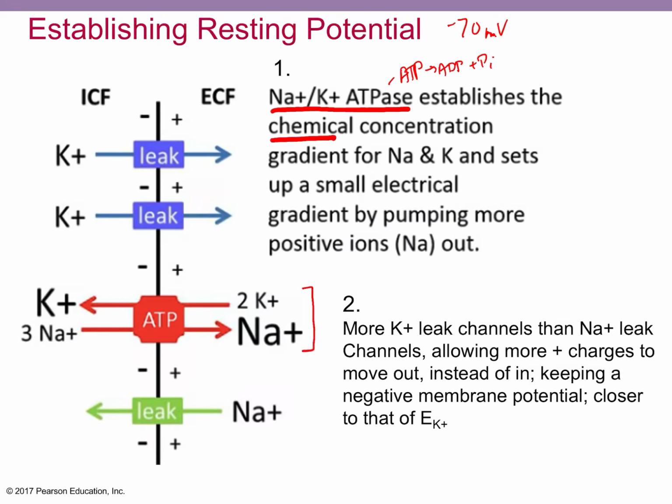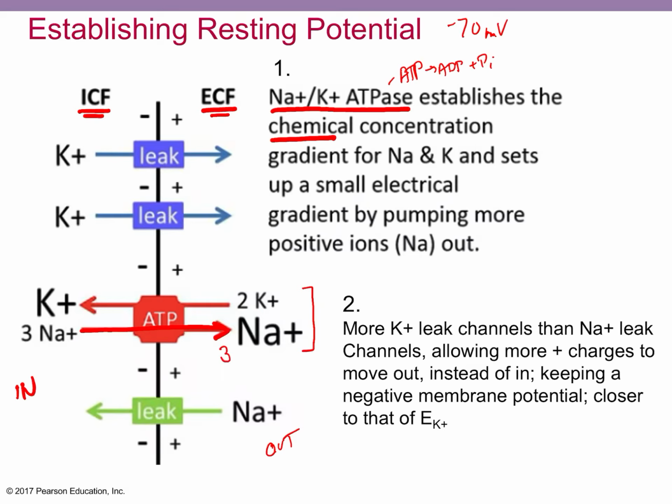It uses ATP and pumps 3 sodiums out of the cell. This side is inside the cell, the intracellular fluid, and this side is outside, the extracellular fluid. So it pumps 3 positive charges out, and pumps in 2 positive charges.